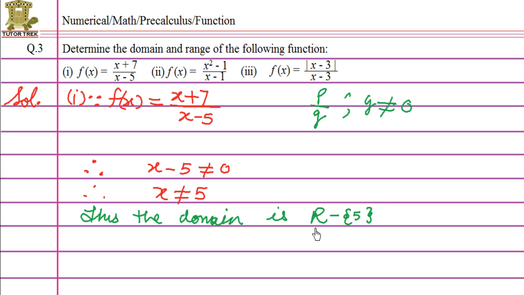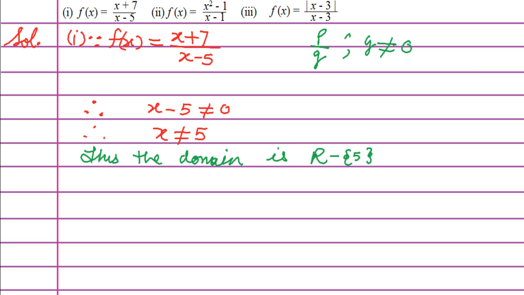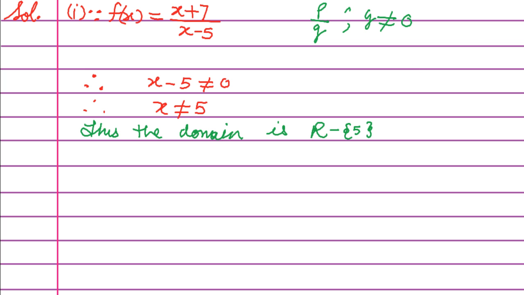Now we have to find out the range of this sort of rational function. We see how we get the range. We know that f of x is equal to y. So we put here y is equal to x plus 7 over x minus 5.